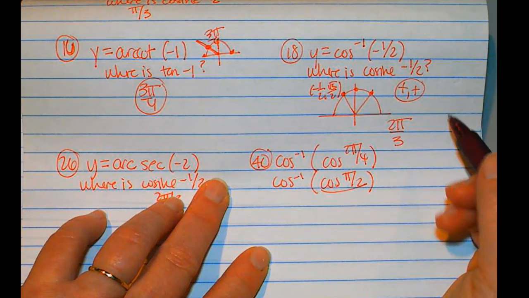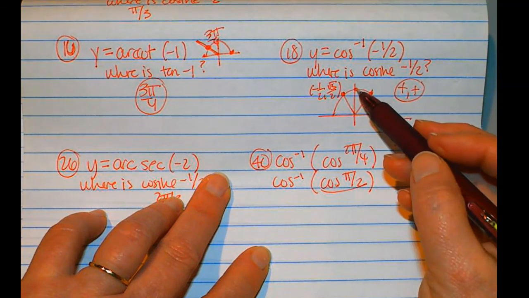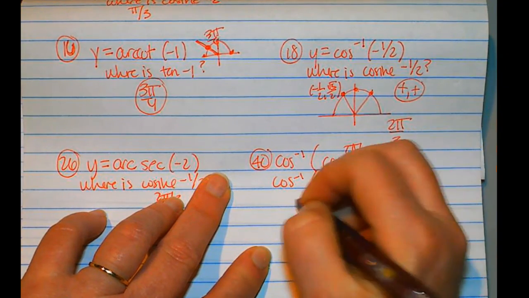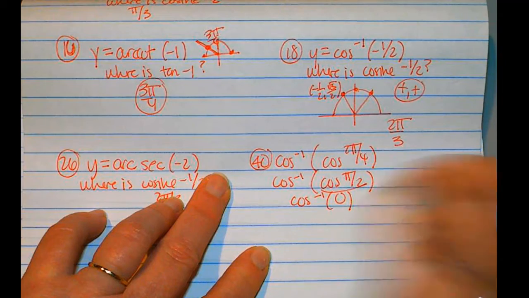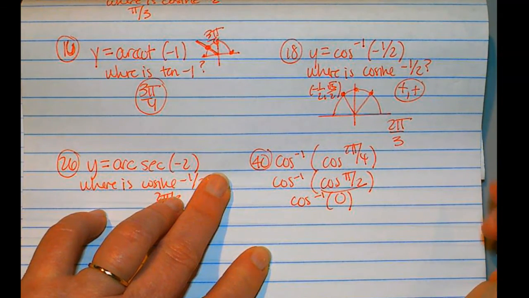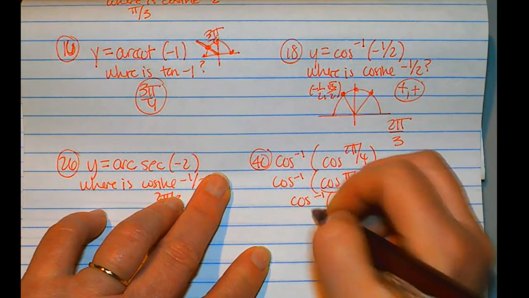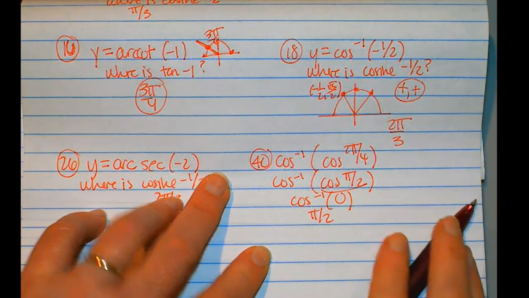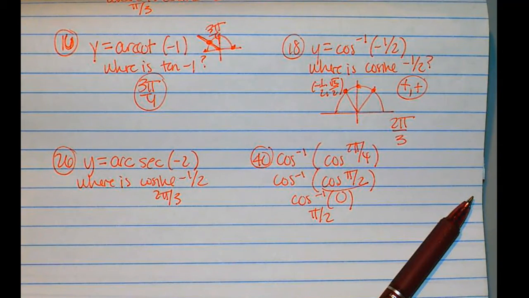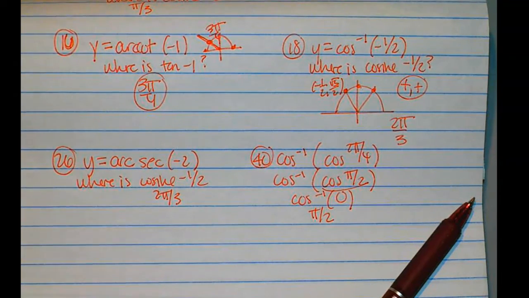Cosine of pi over 2 is what? 0. So now we have cosine inverse of 0. Where is cosine 0? Here. Pi over 2. So if you want to make sure that you've got it in the right place, you want to do the whole thing out.